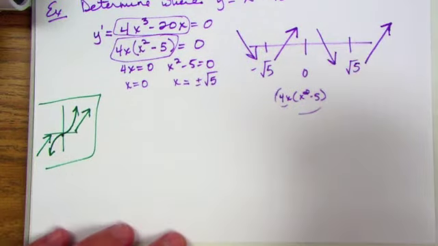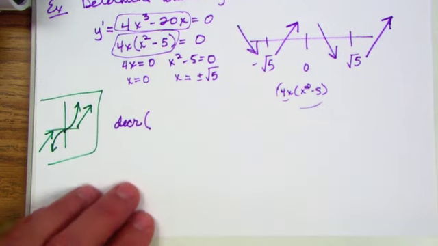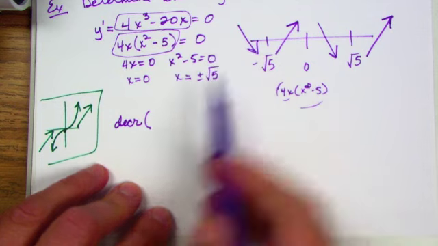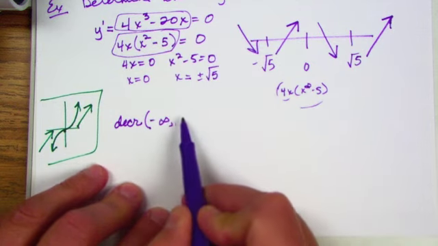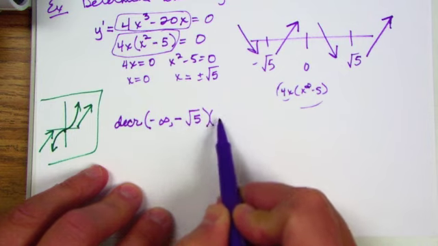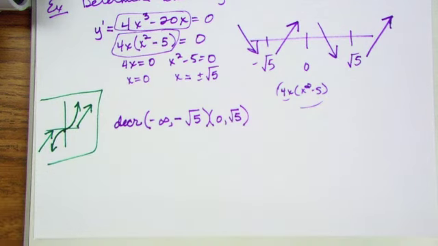So now we just have to say, I'm decreasing on what interval? I'm decreasing from negative infinity to negative square root of 5 and 0 to square root of 5.